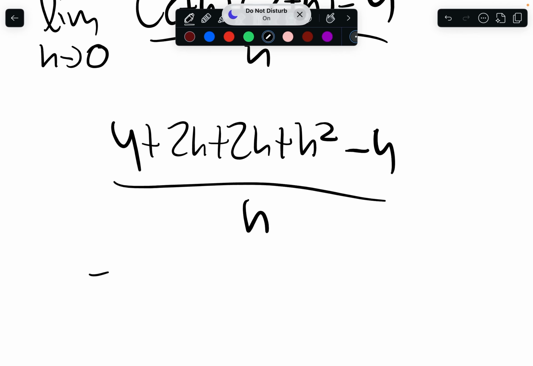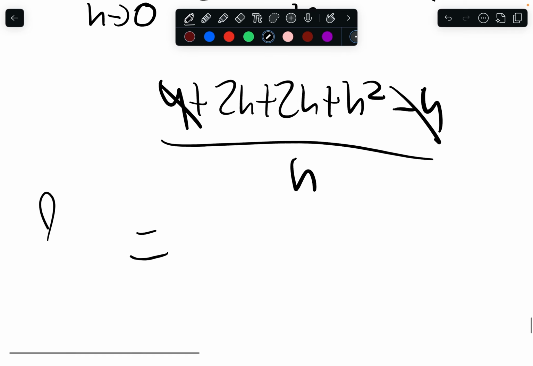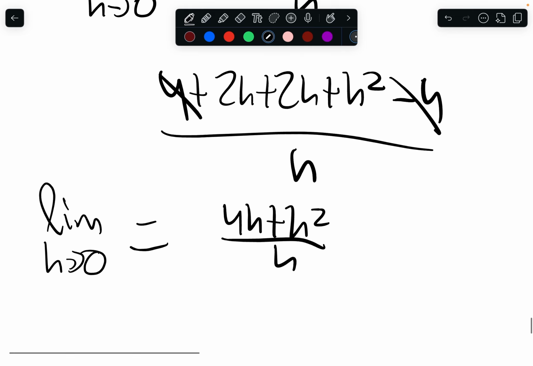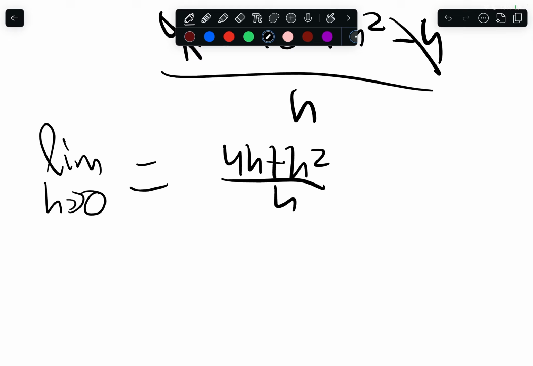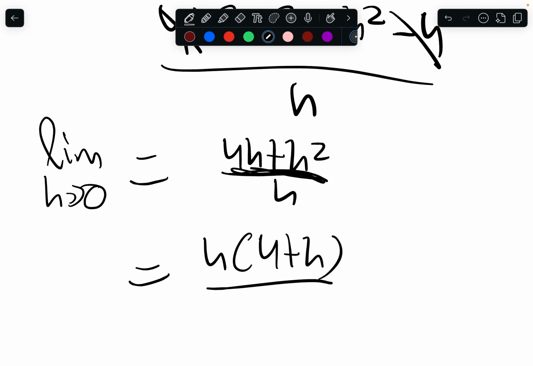So let's solve this here. 4 minus 4, those two cancel out. We're left with our limit: 4h plus h squared over h. Okay, now check this out. We have a common term here. So we could just factor out the h from the numerator. This will be equal to h times 4 plus h over h.